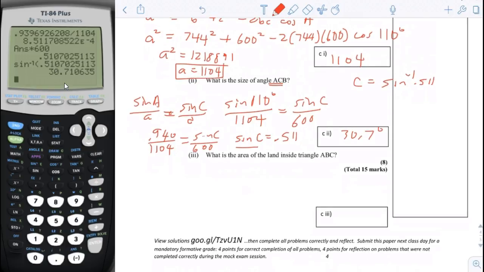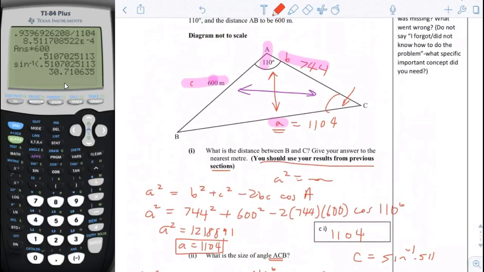What is the area of land inside the triangle ABC? Okay. This one, if you look in the formula sheet, there's a special formula you can use to figure out the area inside of a triangle that is not a right triangle. It's called 1/2 AB sine C. Okay? And in this case, let's look at our angles and our sides.